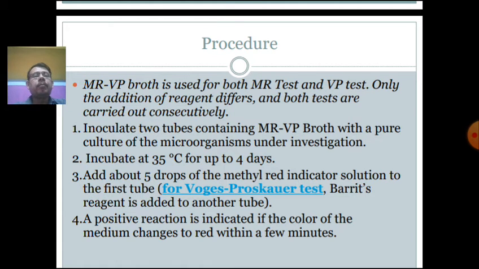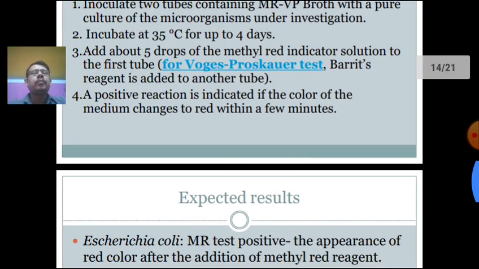Add about 5 drops of methyl red indicator solution to the first tube, and for the Voges-Proskauer test, Barritt's reagent is added to another tube. A positive reaction is indicated if the color of the medium changes to red within a few minutes.